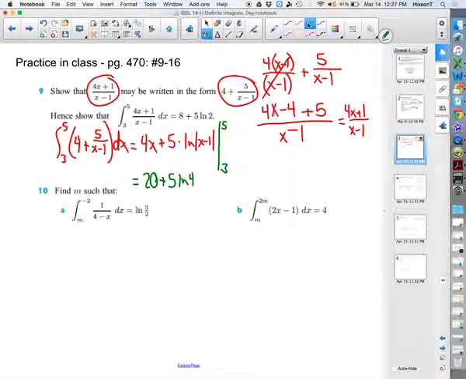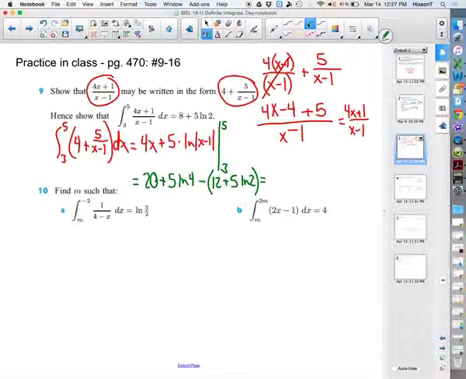So that's the natural log of 4, right? Okay? And then I have minus the integral evaluated at 3. So that's going to be 12 plus 5 times ln of 2. Okay?